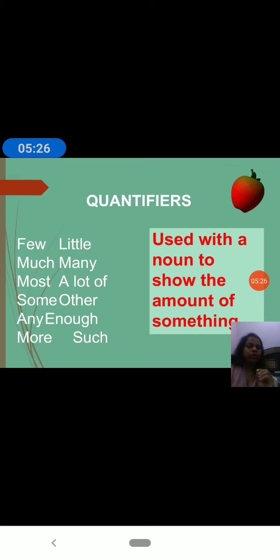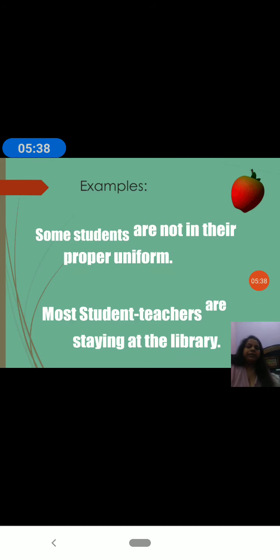For example, some students are not in their proper uniform. Most students and teachers are staying at the library.